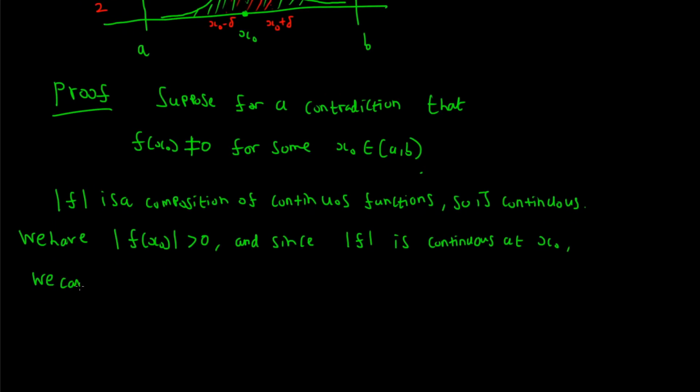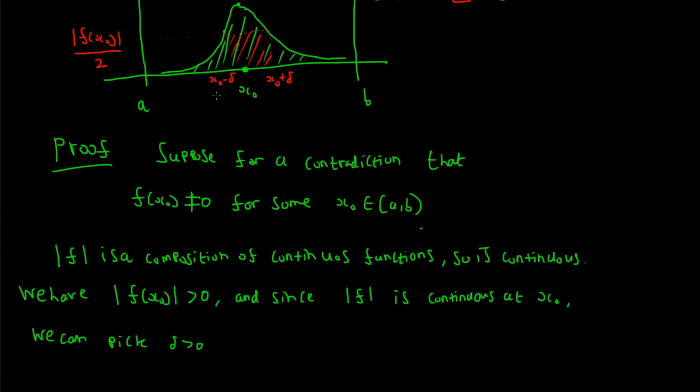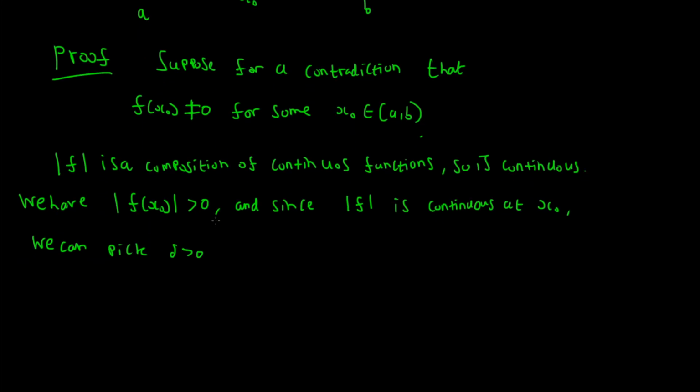We can pick a delta bigger than 0, so that's this delta here, such that, first of all, what we want to ensure is our region's actually inside the interval, because if it goes outside, it's not very helpful.